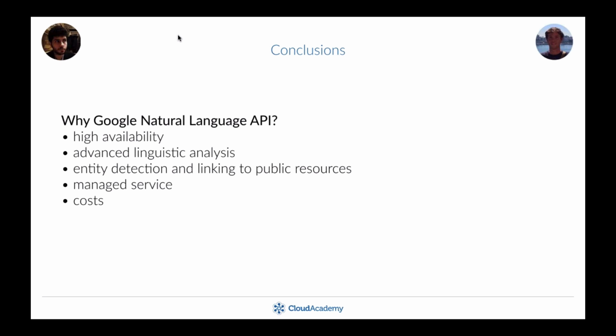And we said that it's a managed service. And yeah, it's also maybe a matter of costs. These APIs are not super costly. How much did we pay for this? I think much less than 1 cent of a dollar.